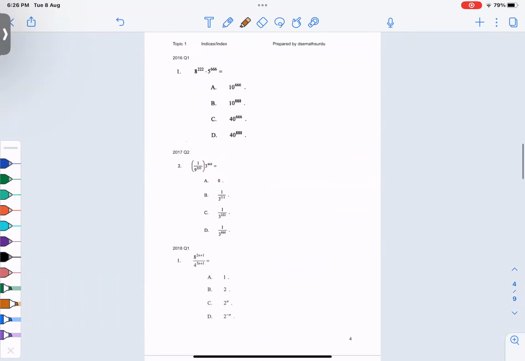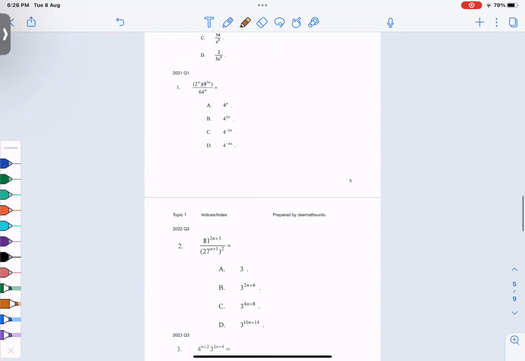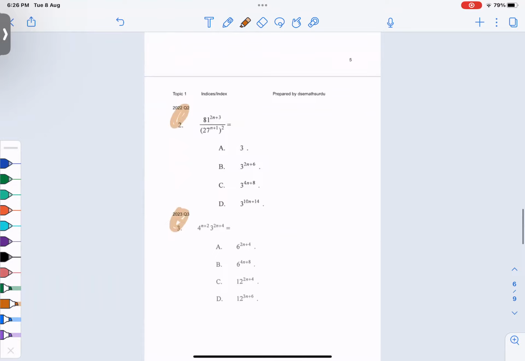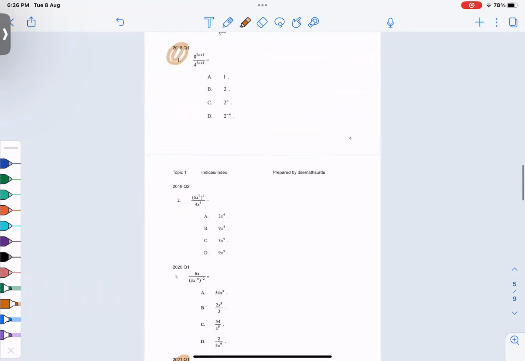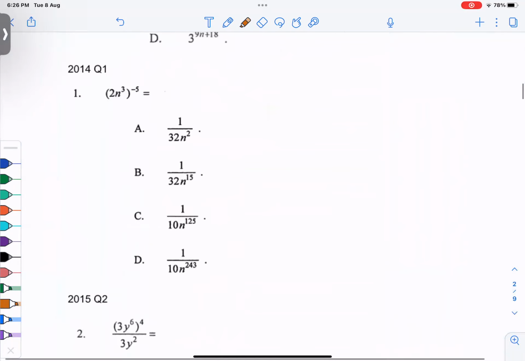And then this whole page, page 4, and then 2021, 2022, and 2023. Your year is also going to be like these highlighted ones. I will go back to these ones later on. We do the easier ones first. Go to 2014 and then try it. This time we have a negative power. What will happen to it?